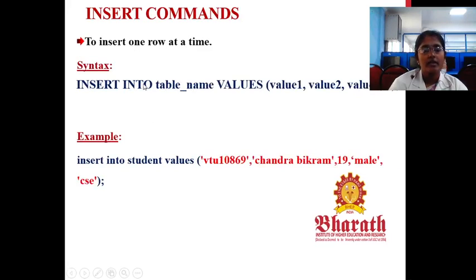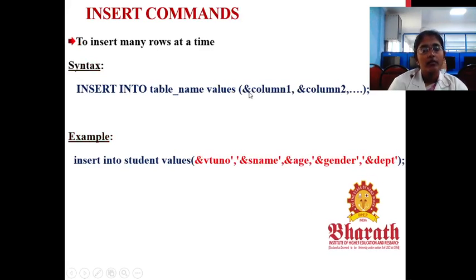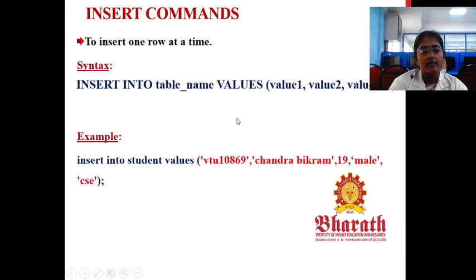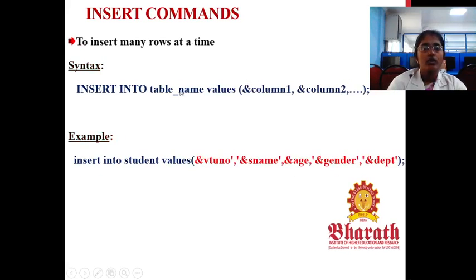See here, the major difference is that we use this ampersand. Here, if you fill the values into a particular row, apostrophes will be given. If we wish to fill multiple rows at a time, we use this ampersand for mentioning the columns. So insert into student values ampersand for each and every separate value.